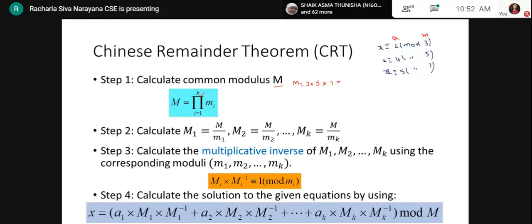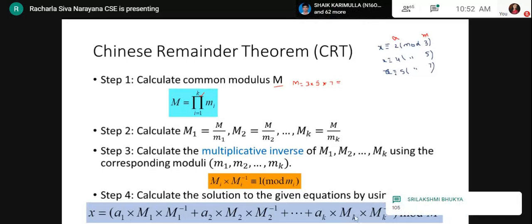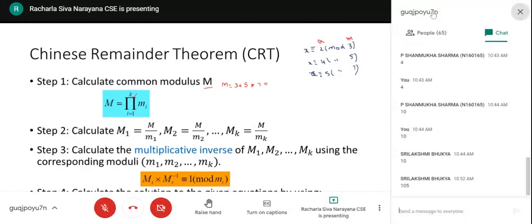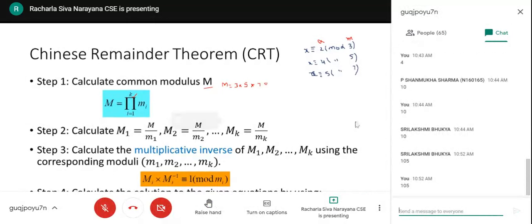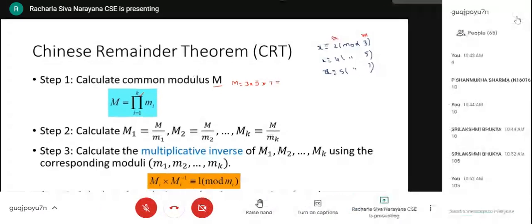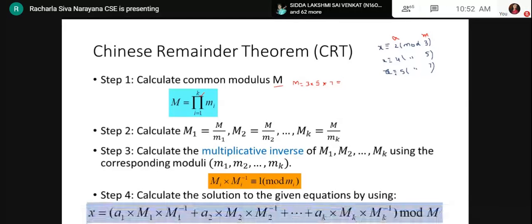What is the value? The value is 105. So this is the common modulo.